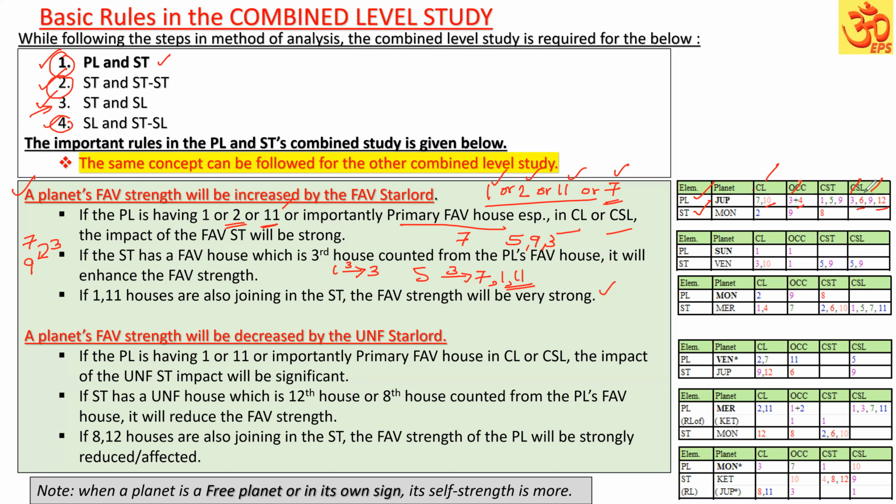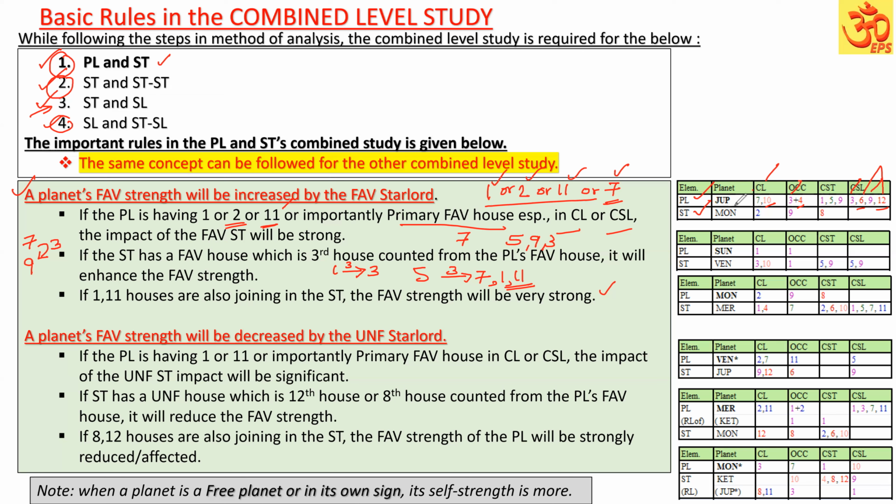But 6 and 12 in the sublord, if alone is present, is different. But it is having already 3, 6, 9, 12 combination. This is not weak. Okay, as far as the self-signification is concerned, now this planet, we can say it is having some mixed significations.